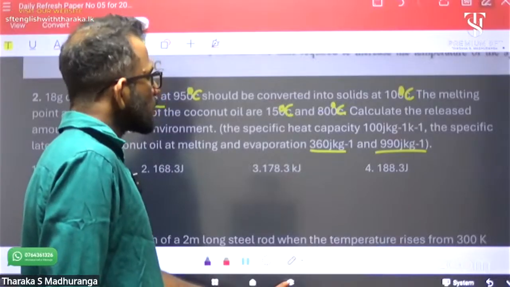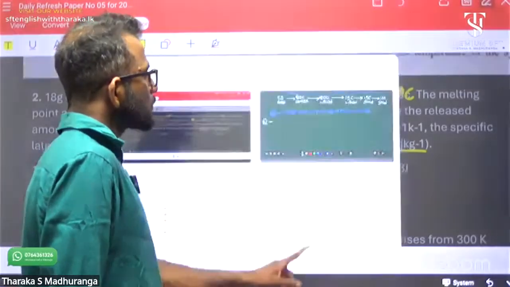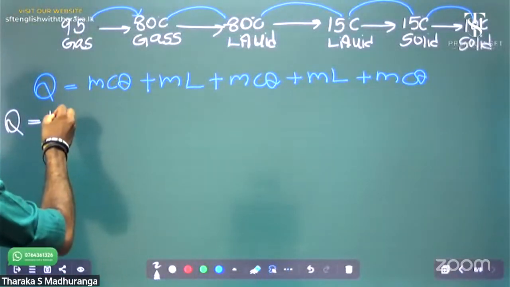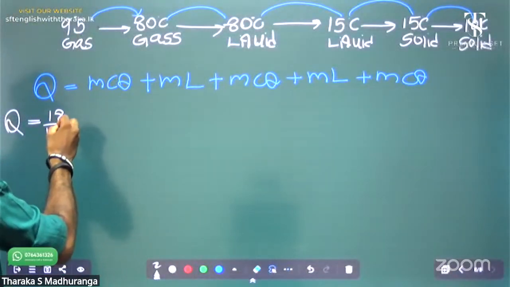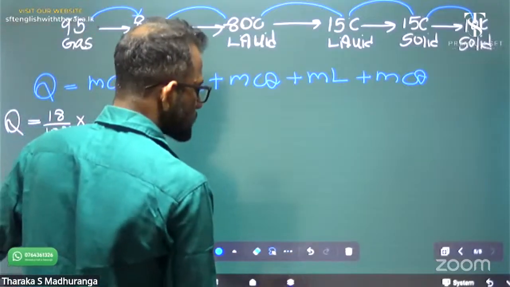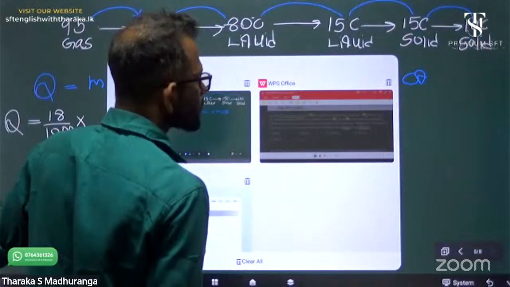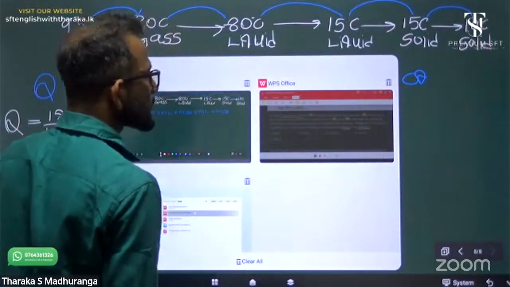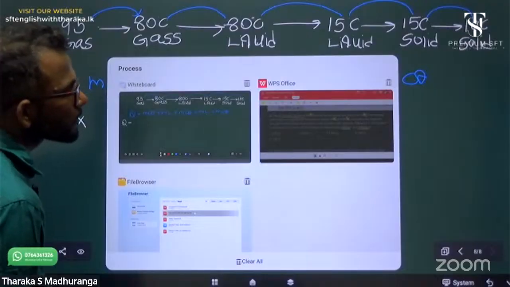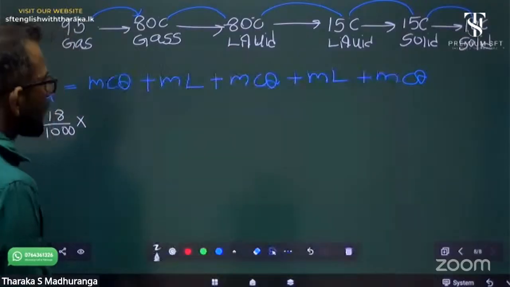But all other data are given in kilogram, so we have to convert 18 grams into kilograms: 18 divided by 1000. Specific heat capacity, 100.